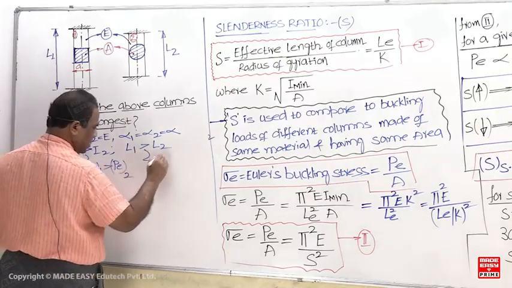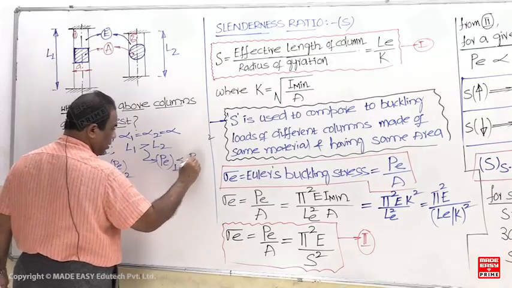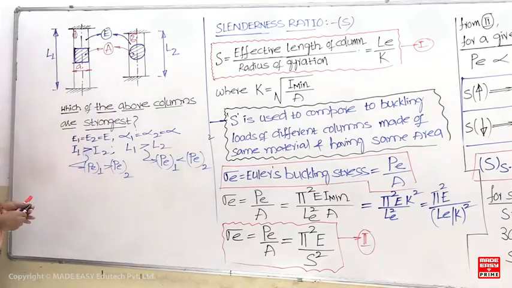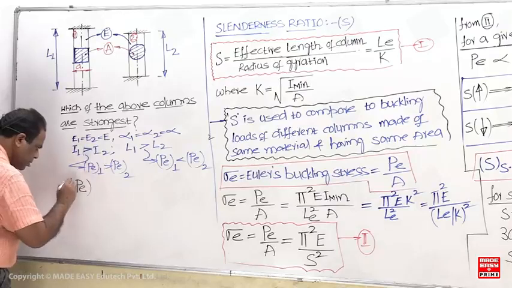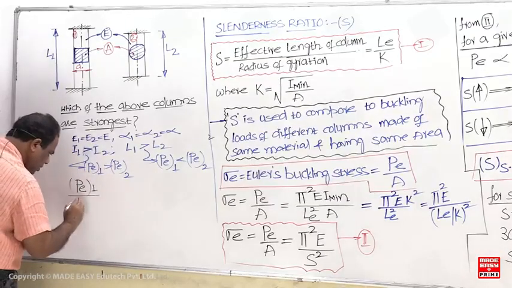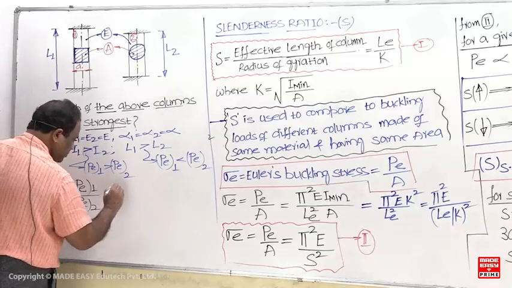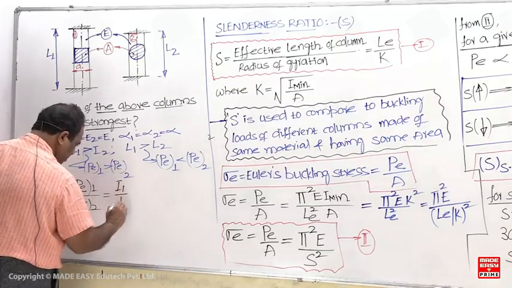But from this one, buckling load of the first column is less than buckling load of the second column. So we cannot directly tell. In this case, we have to find the ratio.